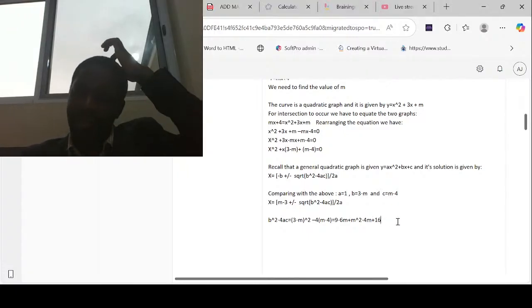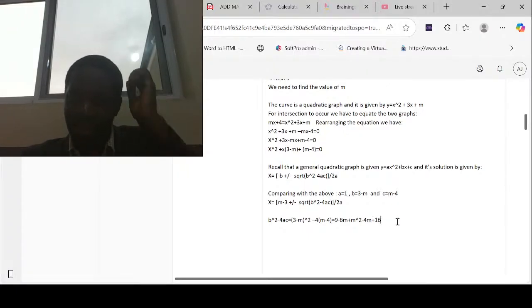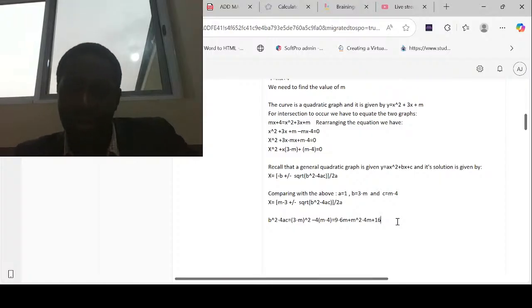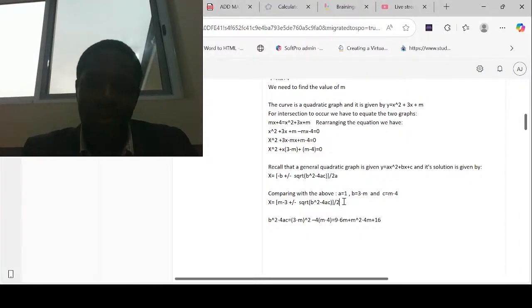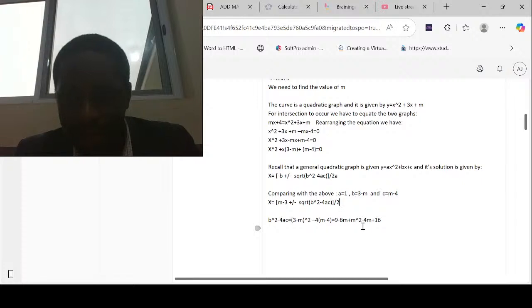Let's pray that this thing is going to be factorizable, over 2, this 2a will be 2 times 1 because a is 1, so that will be 2. At the end of the day, we'll equate everything to 0. So let's just see what we can do. It's really interesting.